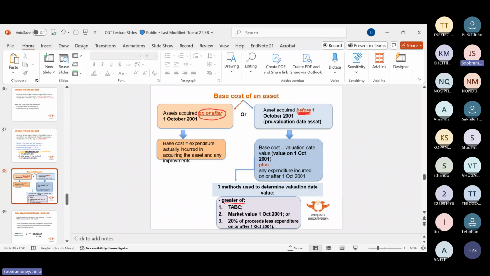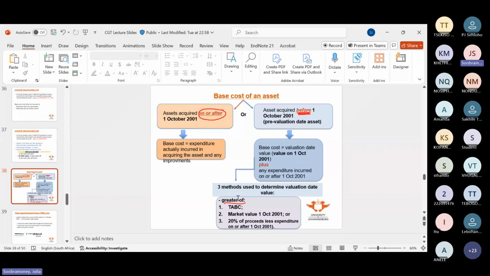But what happens if my asset was purchased before 1 October 2001? It's a little bit tricky here, but it's not a difficult calculation. Step one, I need to determine the value of this asset on 1 October 2001. How do I determine that value?